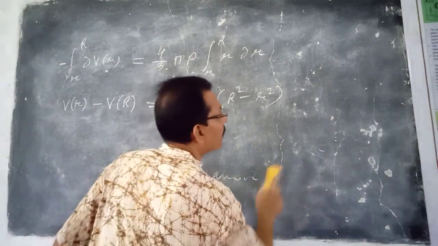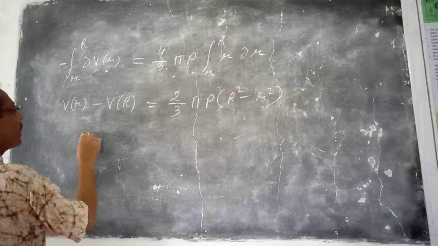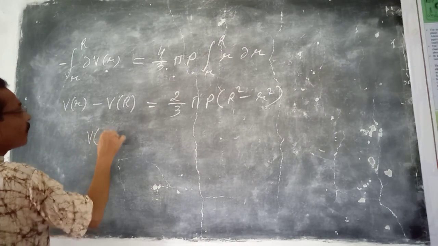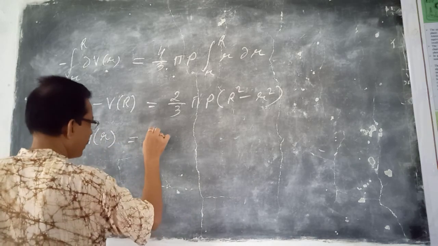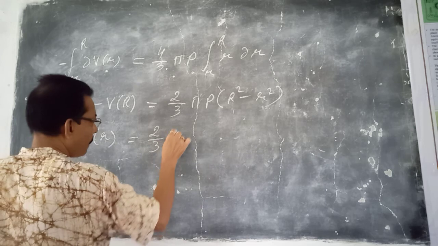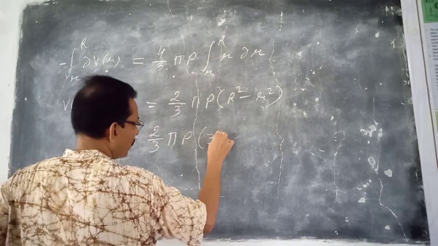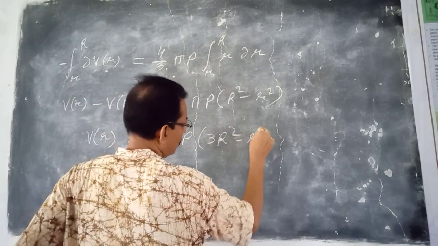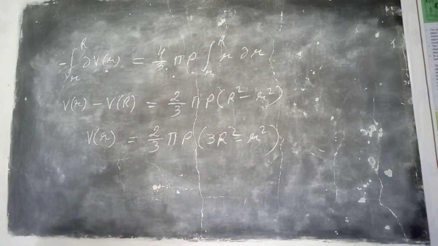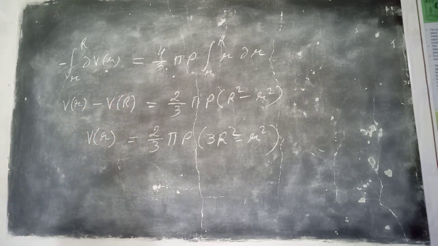So if we calculate it, then small V(r) will come two-thirds pi rho (3R square minus small r square). Take this on this side, substitute its value at the surface and simplify, you get this one.